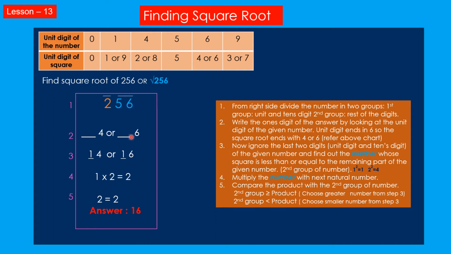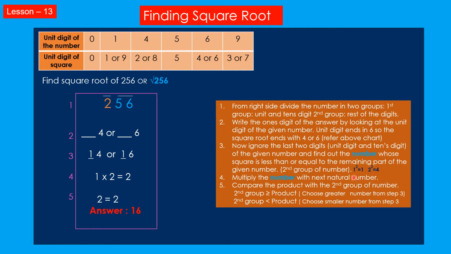Step 2 over. Step 3, ignore the last two digits. So ignore the last two digits, that is the unit and tens digit. So ignore 56, right? And then you have to find the number whose square is less than or equal to the remaining part of the given number, that is 2.